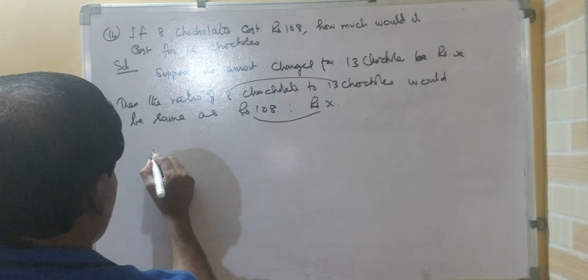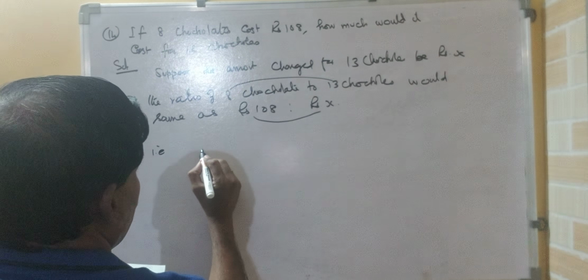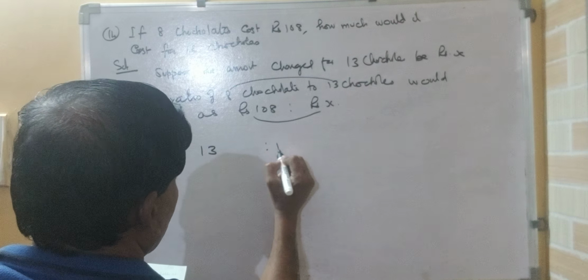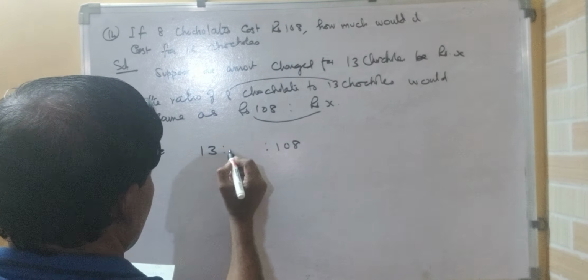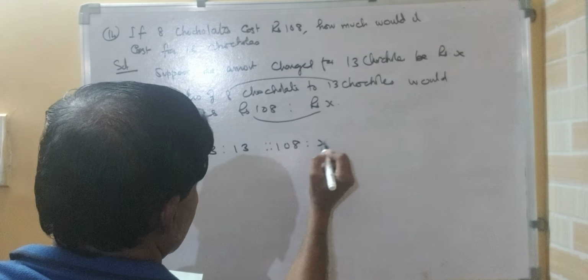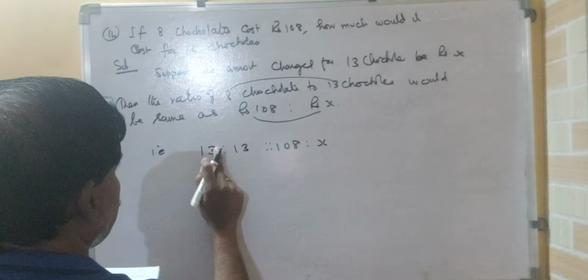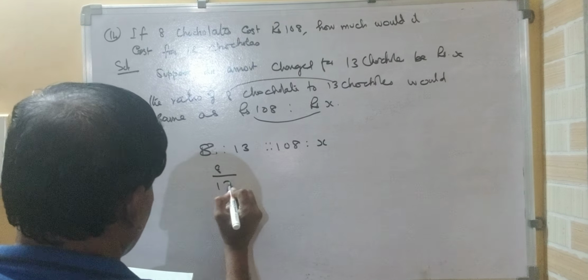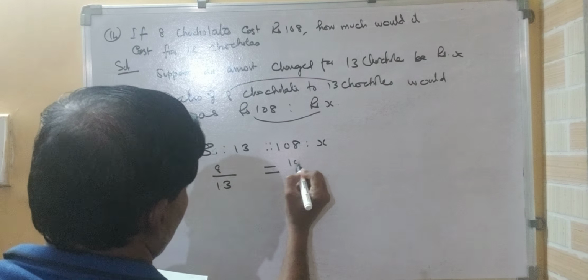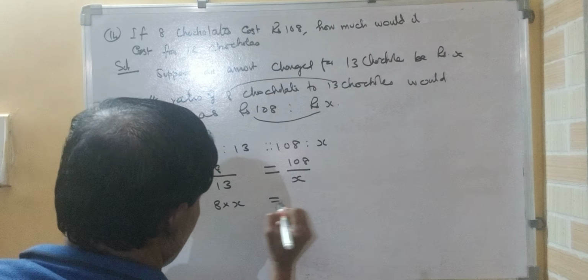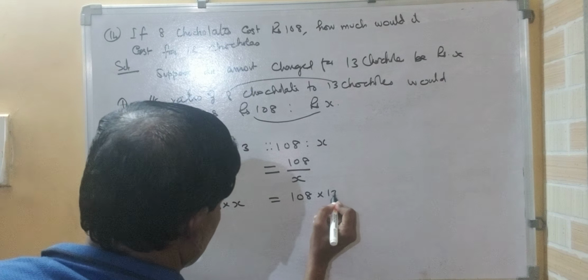That means we can write, if it is 13 chocolates, here it is 108. If it is 13 chocolates, then it is X. That means here 8 chocolates. So 8 upon 13 equals 108 upon X. So 8 into X equals 108 into 13.